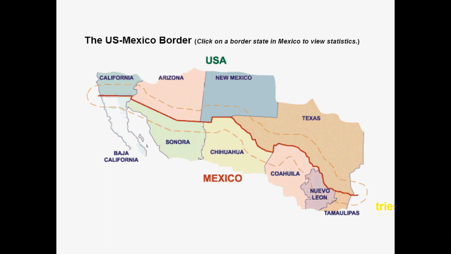Now we look at this map. This is the U.S.-Mexican border. Since the 1960s, the U.S. reached some agreement with Mexico to allow some American manufacturing facilities to be located in Mexico and to take advantage of cheap labor in Mexico.